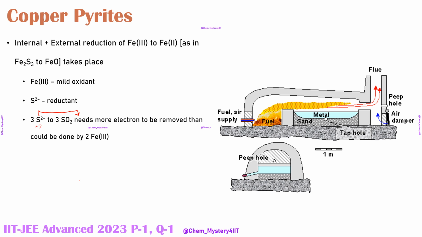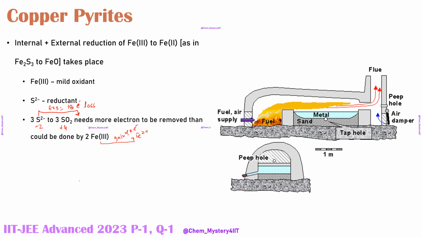Sulfur is -2, converting into +4, so there's a 6 electron change involved. This is going to be 6 times 3, that has to be 18 electrons lost when sulfide is converting into sulfur dioxide. But when only 2 Fe3+ ions will be converting into Fe2+ ions, this is a gain of only 2 electrons.